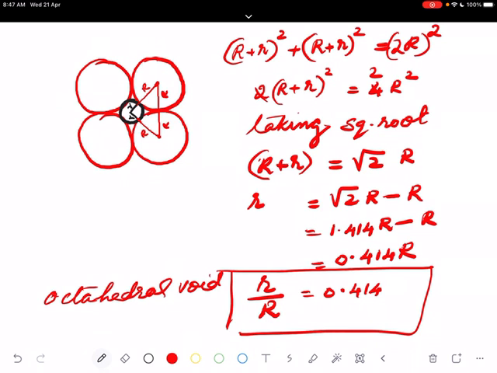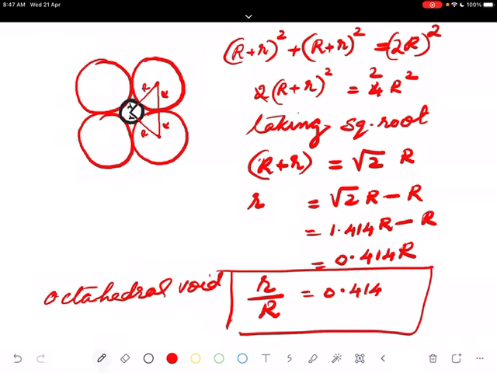So small r is 0.414 times capital R. In the case of an octahedral void, the radius ratio is this. If this radius ratio touches 0.414, then the void will be octahedral. A suitable cation can be kept over there.